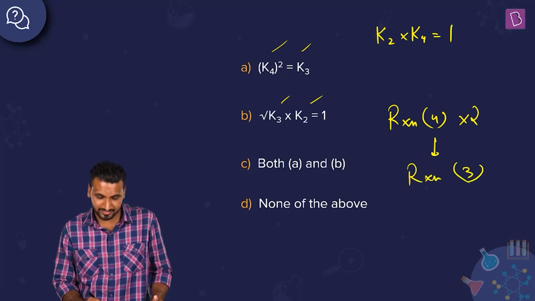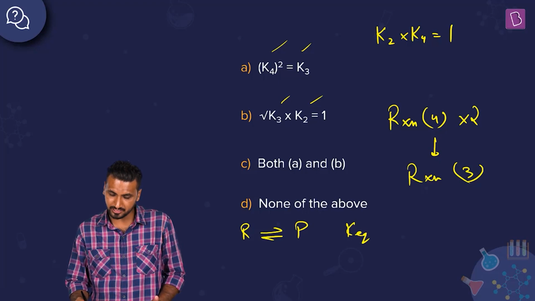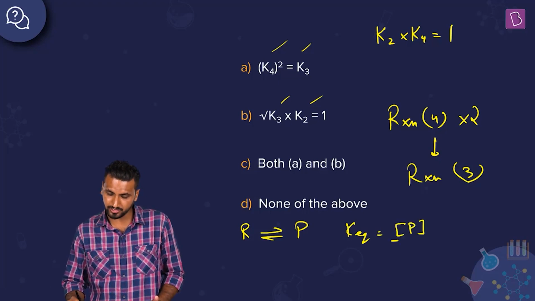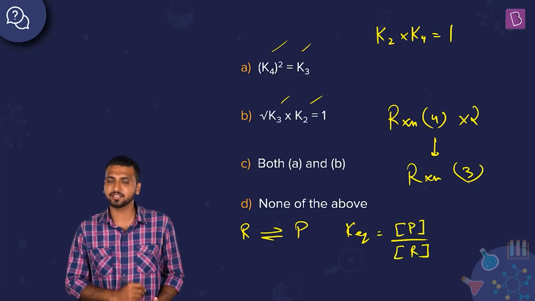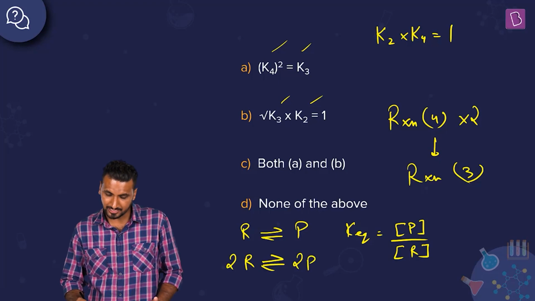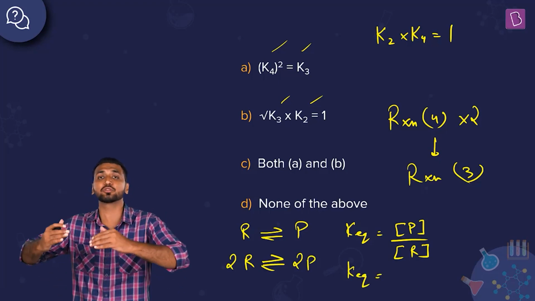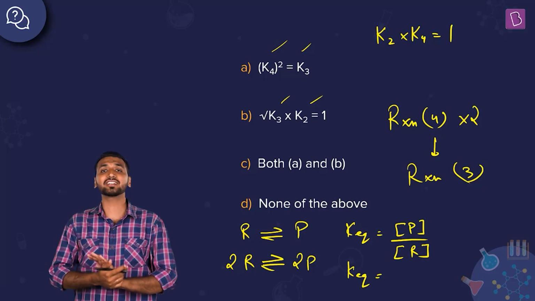Let's take the general case again. Let's say reactant is converting into product. The K equilibrium will be nothing but concentration of product by concentration of reactant. Make sense? If you multiply this reaction with 2, 2 reactant converting into 2 product, the new K equilibrium, what is the formula for K equilibrium? Concentration of product raised to power their stoichiometry.